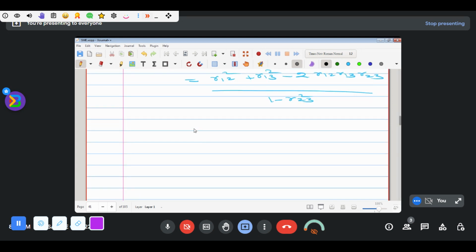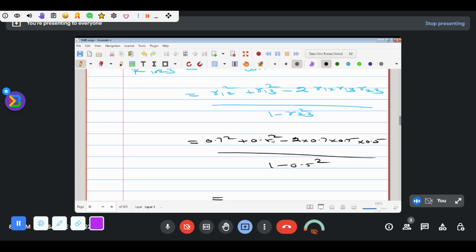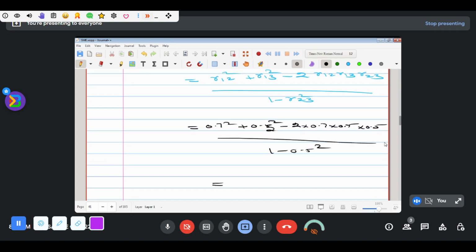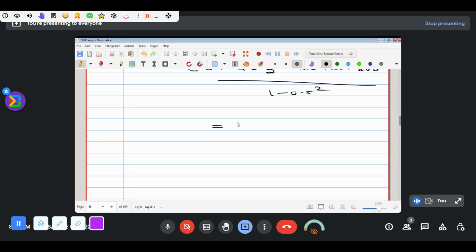Just apply all the values and simplify, that's all. 0.7 squared plus 0.5 squared minus 2 times 0.7 into 0.5 into 0.5, divided by 1 minus 0.5 squared. Using the scientific calculator, calculate the numerator and denominator separately, both entered only one time, and easily you get the end result, 0.52.